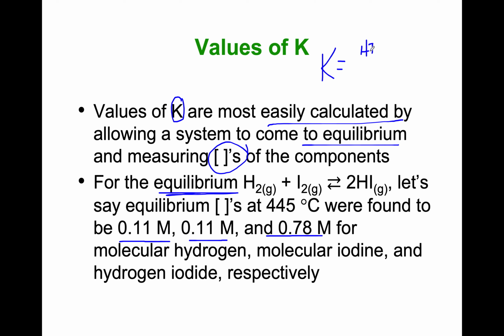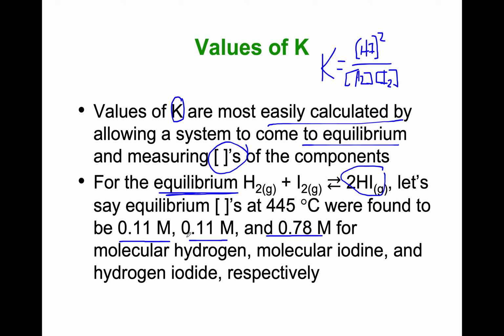Here I'm putting the product, HI is a gas, and I'm raising the exponent, that's squared here. So be careful, and remember it's the coefficient that's raised. These are just subscripts here, so that goes in the denominator. So that's hydrogen and iodine. Okay, so that's our K expression.